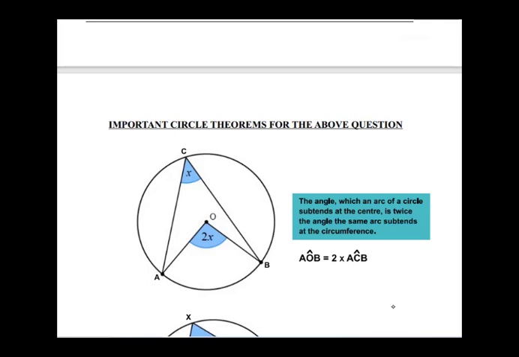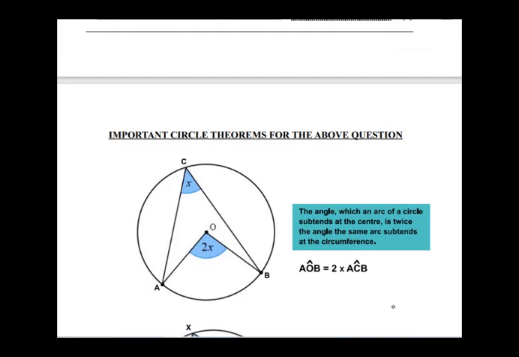The first theorem that we're going to look at says that the angle which an arc of a circle subtends at the center is twice the angle the same arc subtends at the circumference.